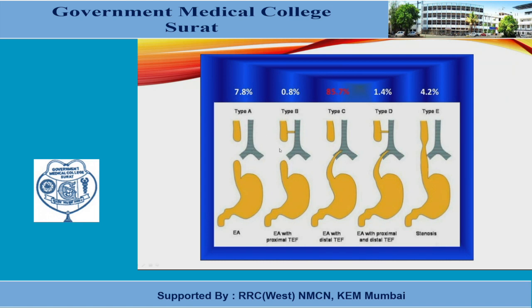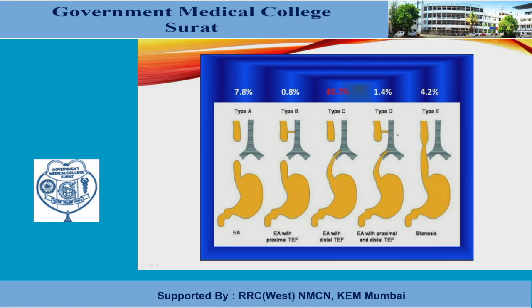In type B, there is blunting of the esophagus, an atretic part is there, and a fistula is present from the upper part of the esophagus with the trachea. Type C, which is the most common type, shows esophageal atresia with distal tracheoesophageal fistula. The fistula is present at the lower part of the esophagus.